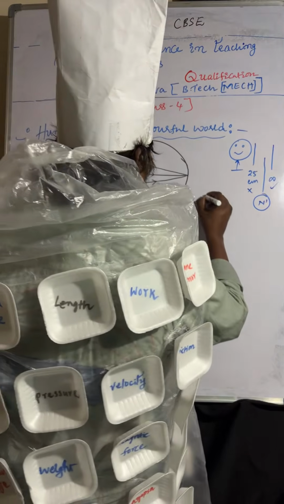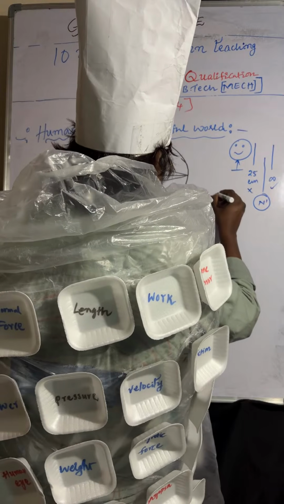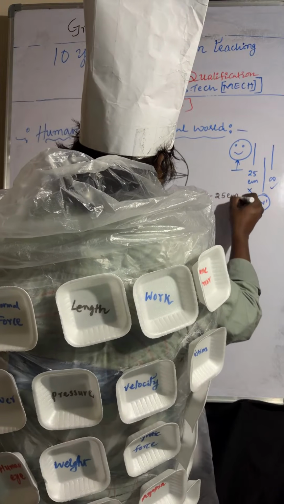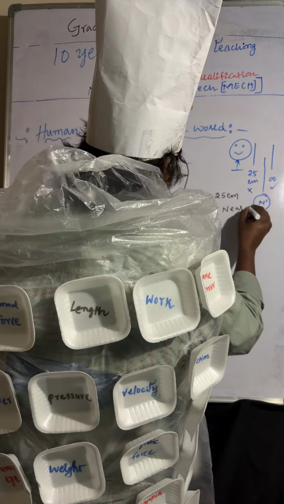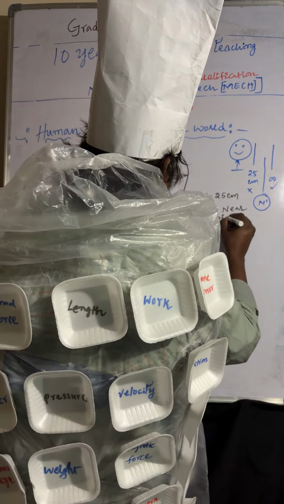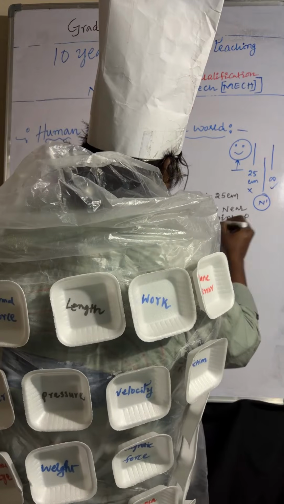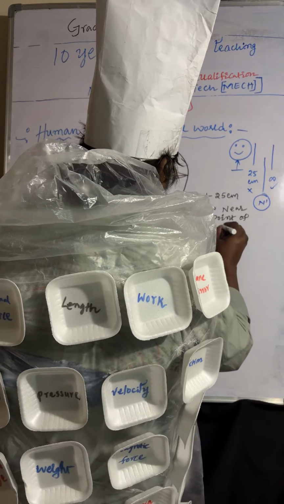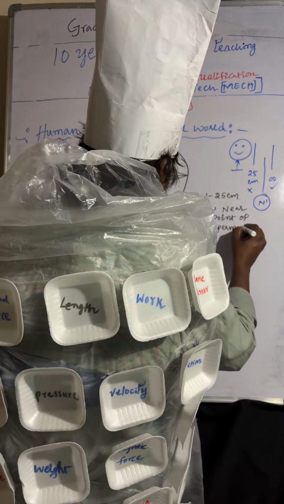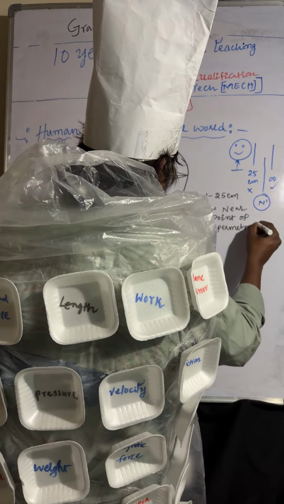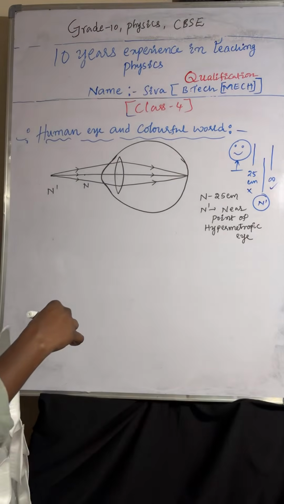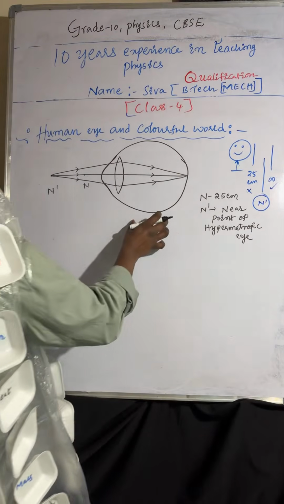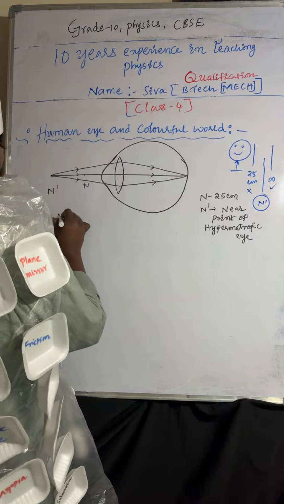Here, N is the normal near point. N is 25 centimeter. N dash is the near point of the hypermetropic eye.